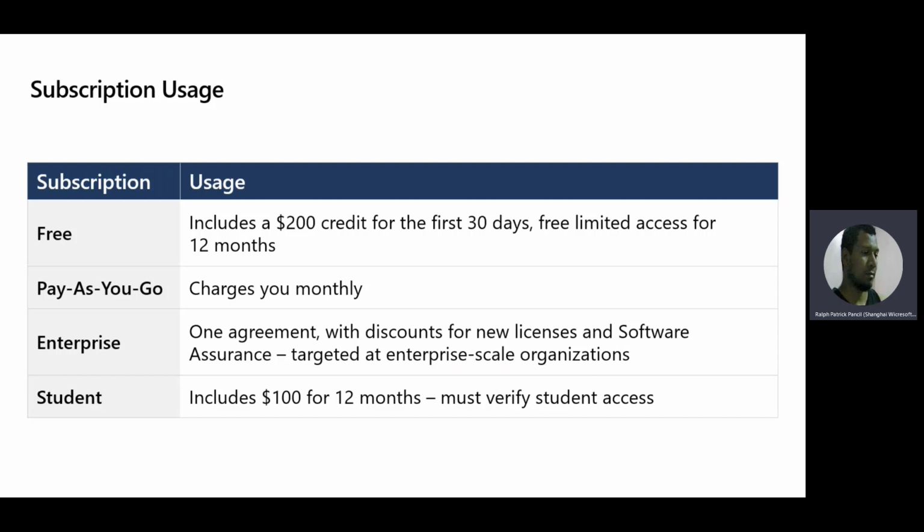When you say pay as you go subscription, the subscription charges you on a monthly basis for the service that you use in that billing period. This subscription is very appropriate to a wide range of users, from small users to a small business, right?